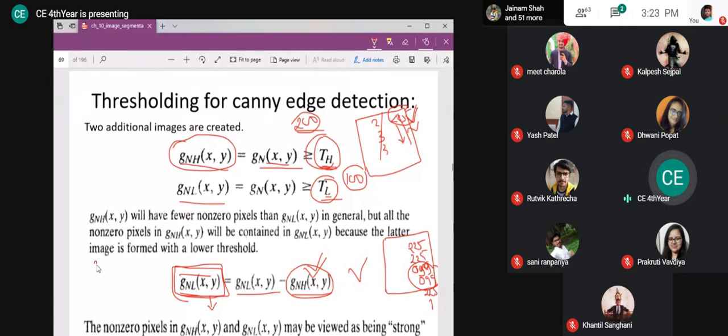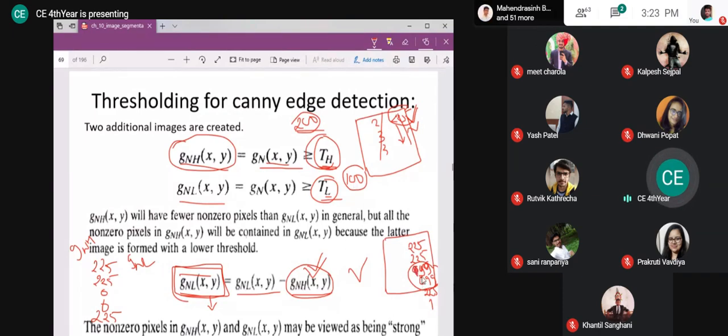So if I apply the higher threshold, my result will be 225, 225, and then 0, because it will not pass, and then 225, right? Like this. Okay, and this is my GNH. What will be my GNL? GNL is actually all the values which are intermediate, here you should take 199.